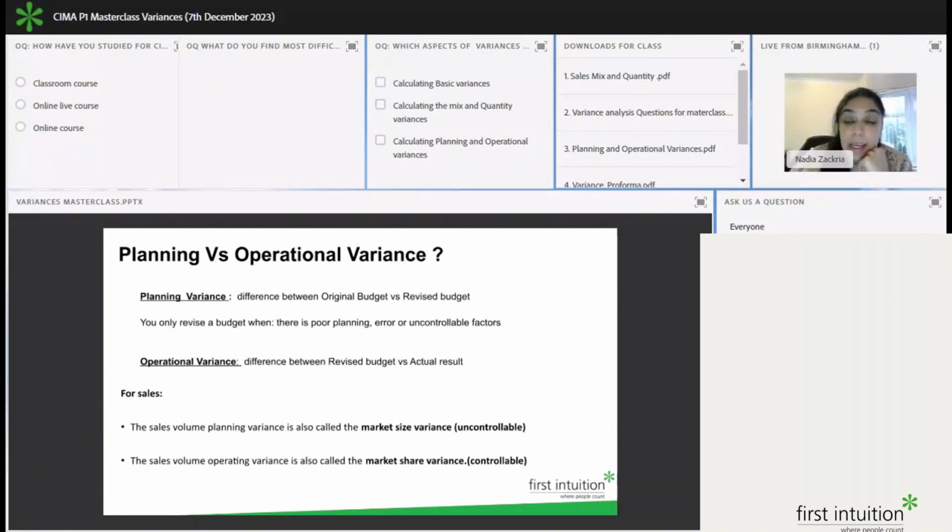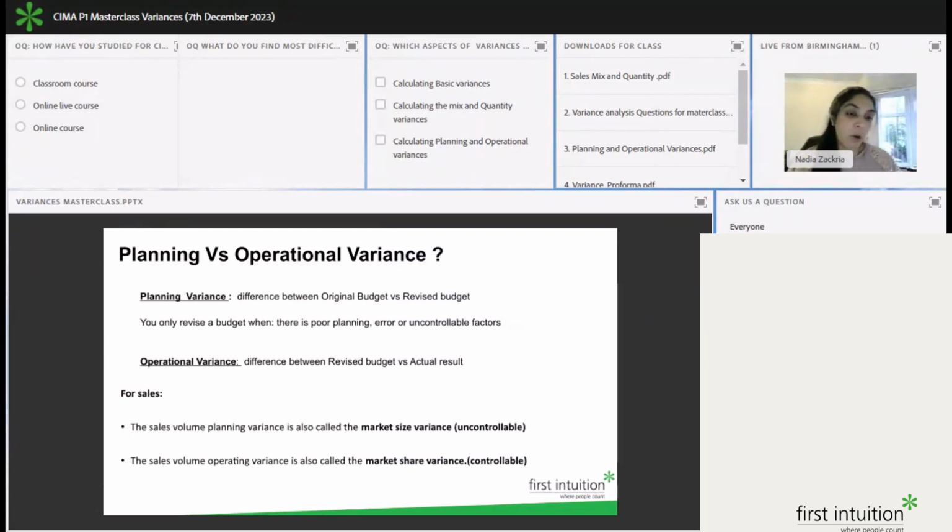Okay. Sometimes you also have uncontrollable factors, such as a change in maybe a government tax, maybe minimum wages being brought in. So something that's beyond an individual's control. So it wouldn't be fair at the end of the year for the managers to be held responsible for something that wasn't within their control.